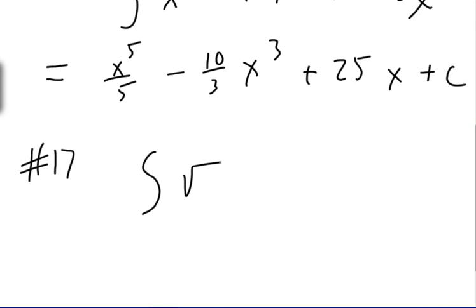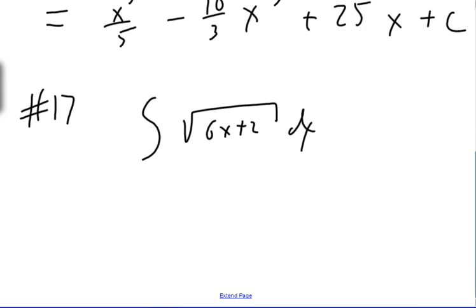Integral of the square root of 6x plus 2. Okay, so we're going to guess. We're going to guess that we're going to be in the form (6x plus 2) to the 3 halves.